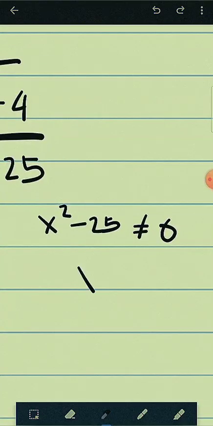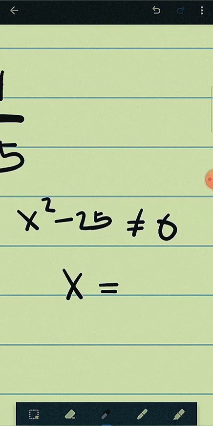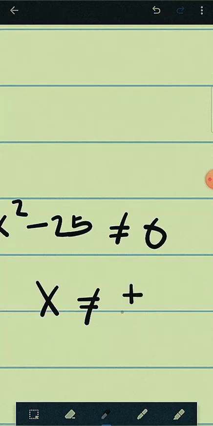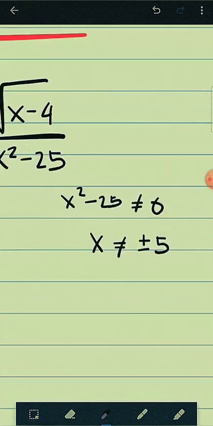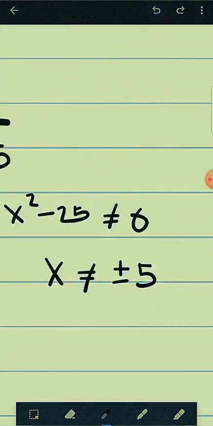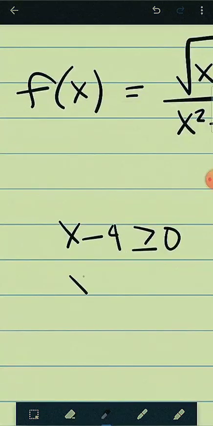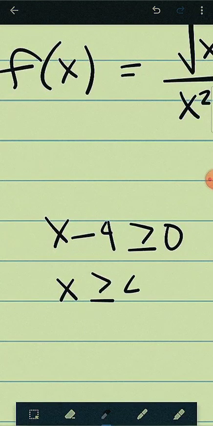So it will give us x is not equal to positive negative 5, because if we transfer it, it will become positive 25 and the square root of that is positive and negative 5. Then here, x is just greater than or equal to 4.